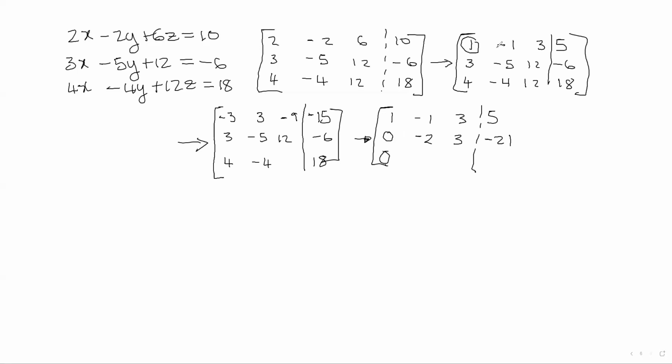Minus 4 times minus 1, it's 4, plus minus 4 is 0. Minus 4 times minus 3, it's minus 12, plus 12 is 0. Minus 4 times minus 4, oh, dang, minus 4 times 5, that's minus 20, plus 18, it's minus 2.